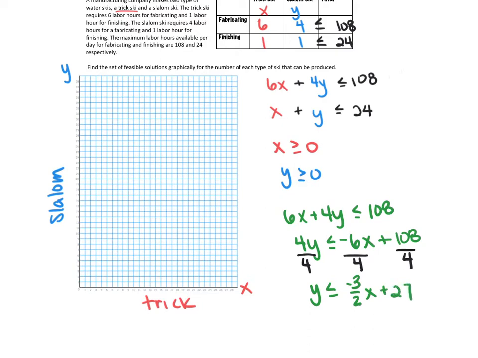So to plot that, I'm going to plot 27, and this has to go down 3 over 2. Down 3 over 2. So here's the line I get for that. And this is my fabricating line. I have to be less than that, so I'm going to shade below this.